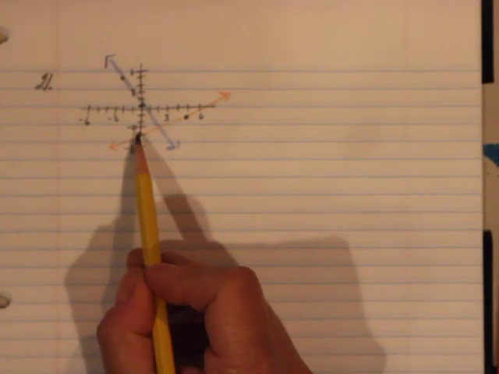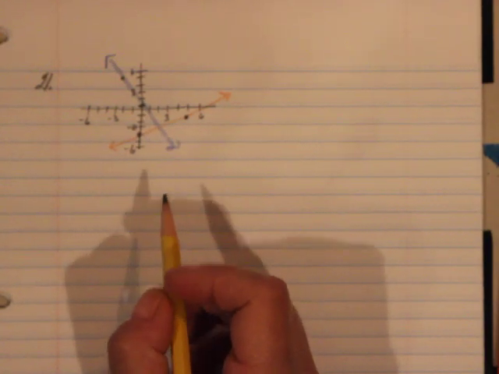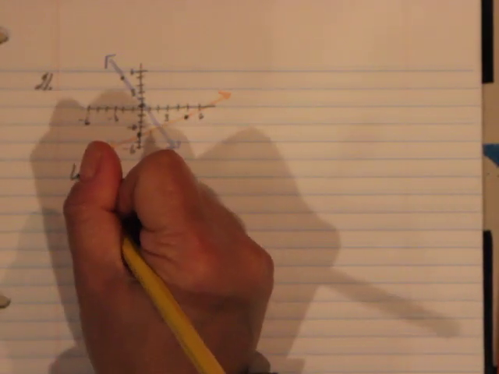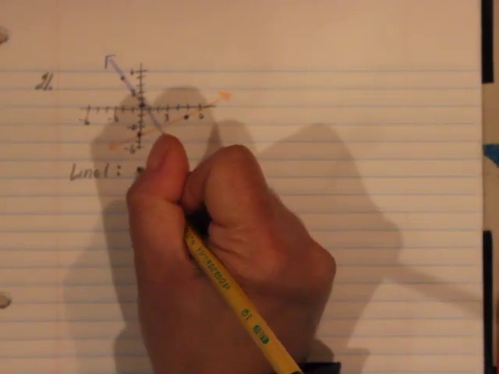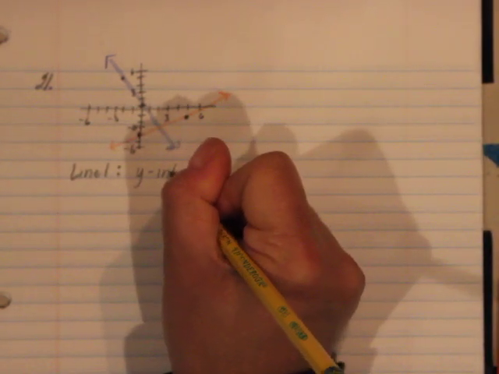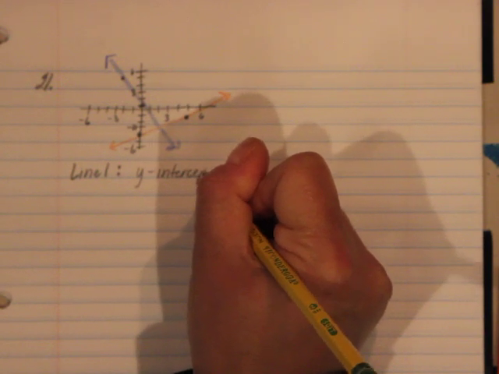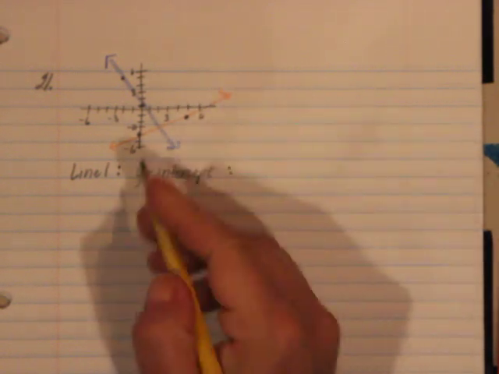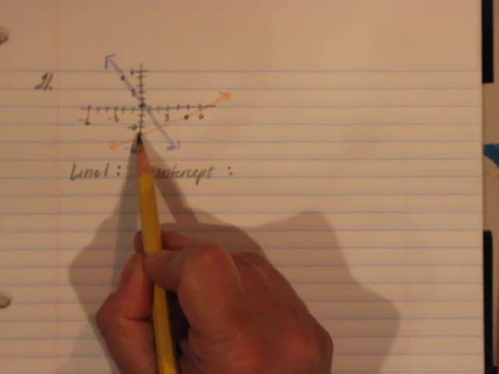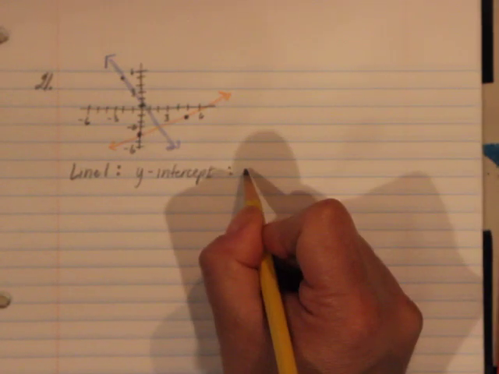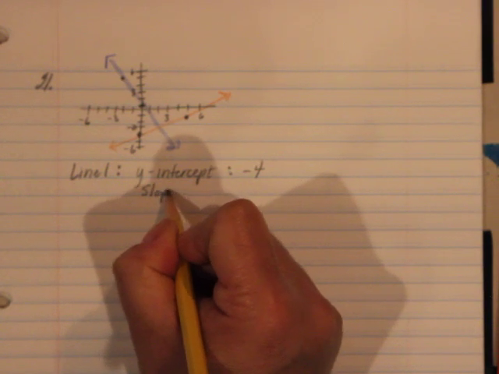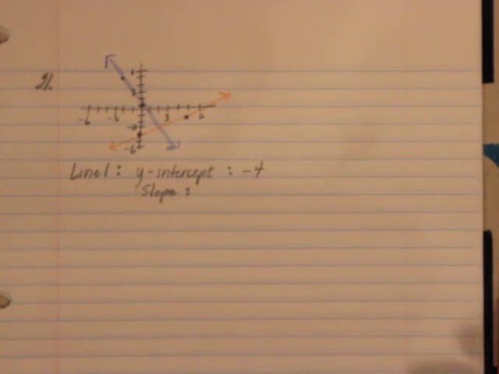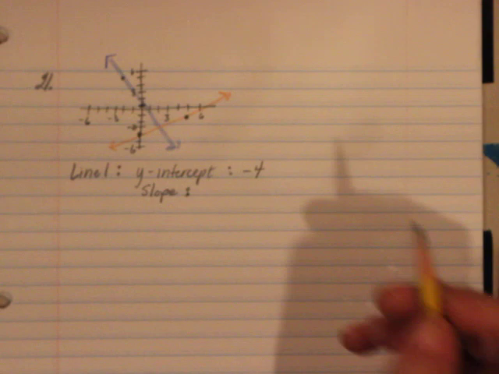So I already have the y-intercepts for each one. Okay, so here's line 1. I know where line 1 crossed the y-intercept because they gave me that point. So I already know that it's -4. If I can find the slope, then I can write the equation.